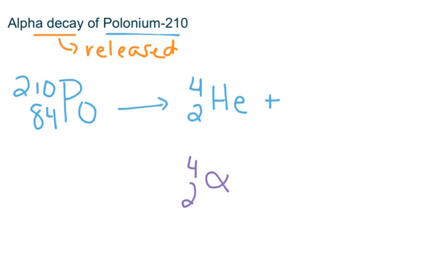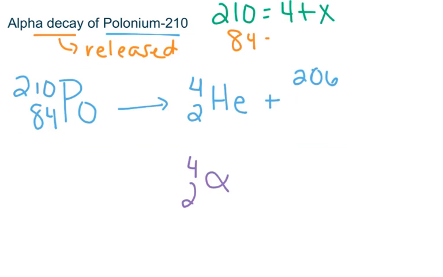Then we need to figure out what our new particle is that was created. Well, the top number, we have 210 equals 4 plus x. x is 206. The mass number goes down by 4. And then the bottom number, we have 84 equals 2 plus x.